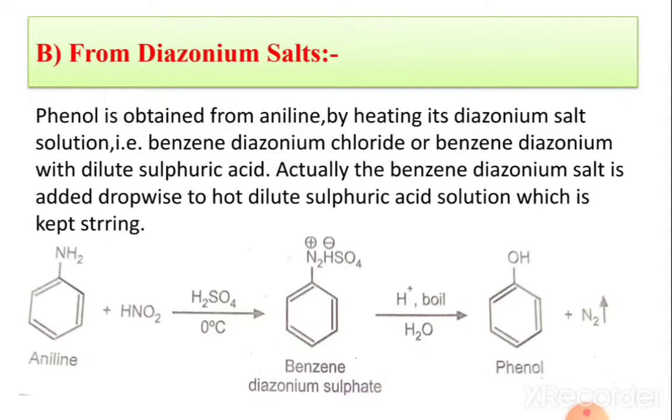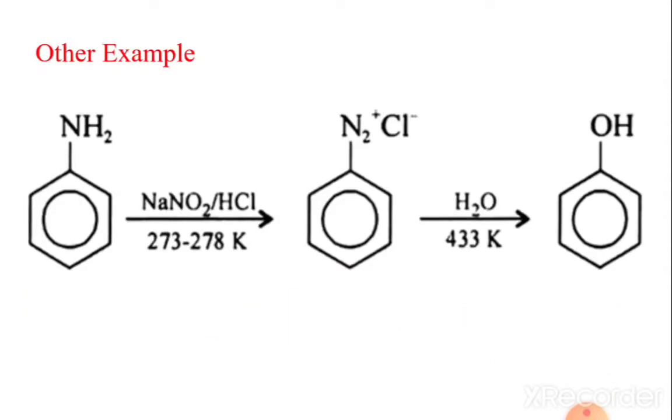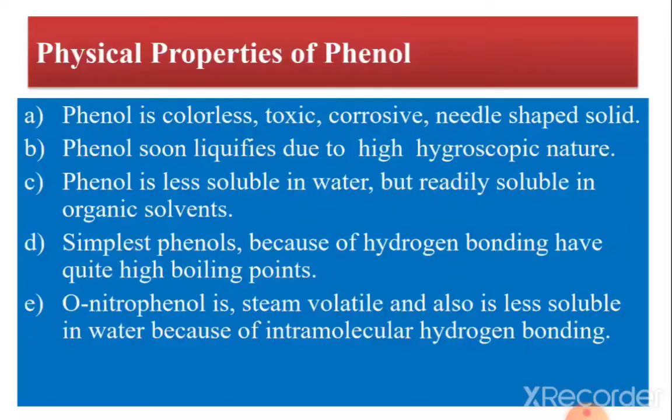The next step, hydrolysis, we get phenol. Another example here, aniline. This is the structure of aniline. NaNO2 in the presence of HCl, we get the benzene diazonium salt, and this diazonium salt undergoes hydrolysis, and we get the OH.